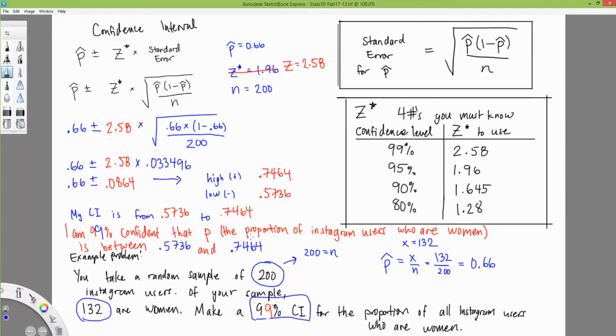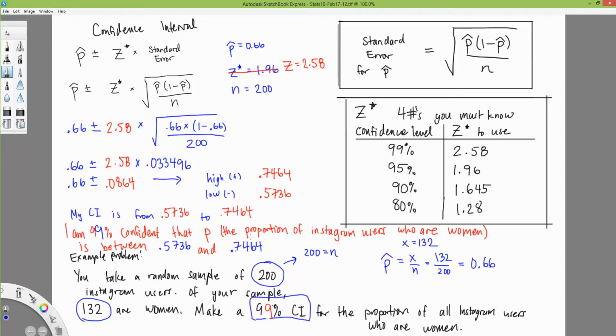And again, it's a statement of confidence. Here we made a 99% confidence interval. Is it possible that the percentage of Instagram users is actually 56%, outside of this interval? My interval says it's between 57 and 75%. It's possible that the real percentage in the population is outside of this interval and that my interval is actually wrong.